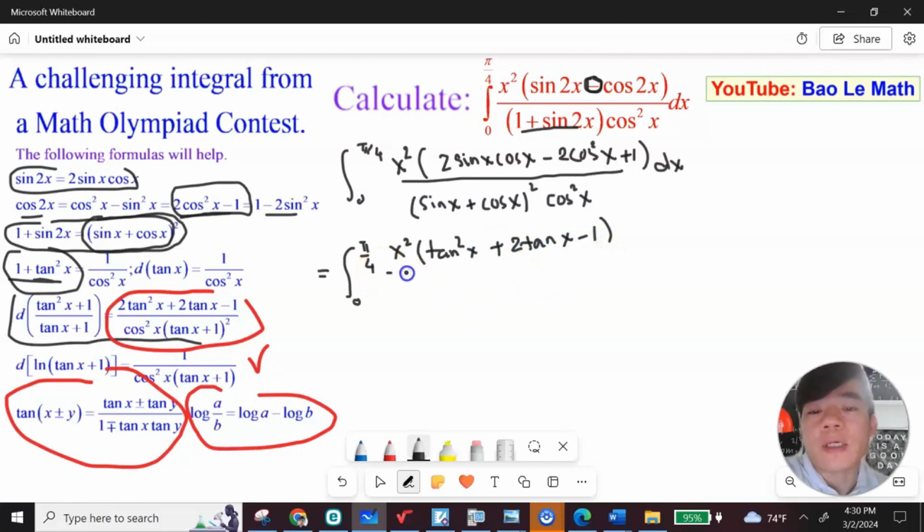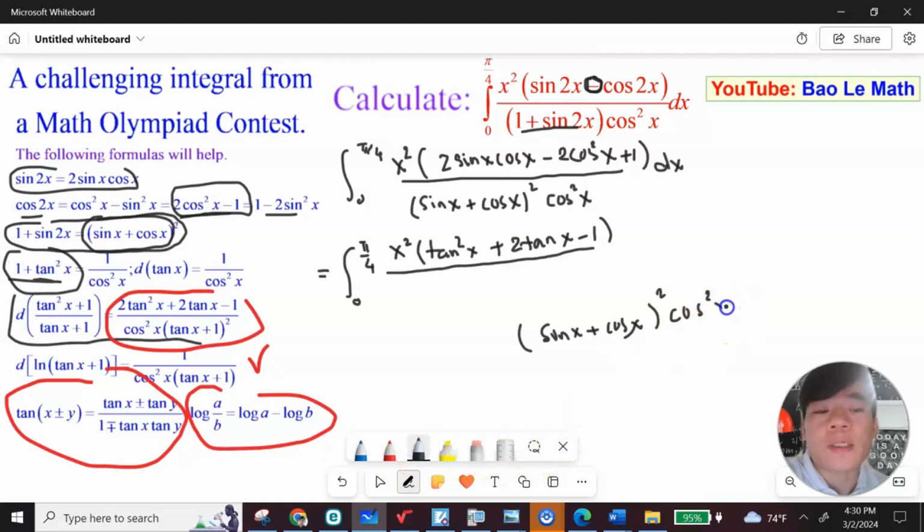Over, now the bottom one right here, I have sine s plus cosine s all together squared times cosine squared of s.